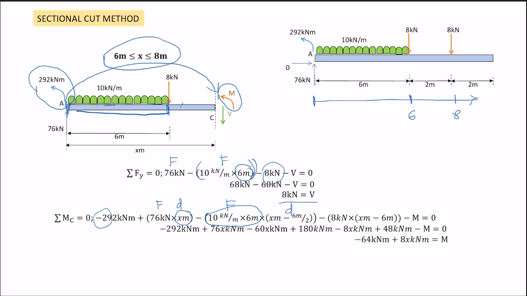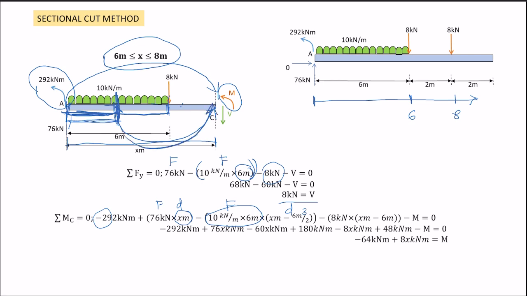So about the distance here, sebab ini panjang dia X meter kan, jadi you have to, daripada distance ni, you kena tolak lah dengan panjang ini. Okay, sebab dia pusing macam ni kan. So separuh daripada the UDL. Okay, so kalau separuh dari UDL, 6 meter bahagi 2. So tinggallah 3 meter. So sebenarnya di sini 3 meter. So X tolak dengan this 3 meter. So dapatlah distance nak ke C.